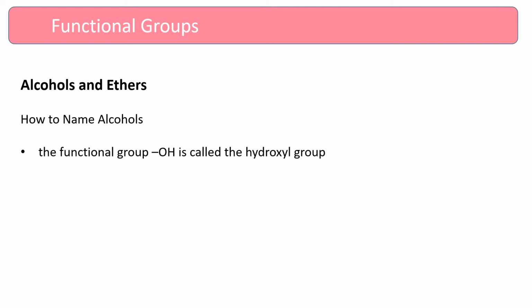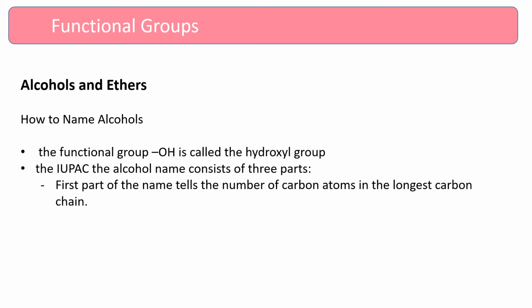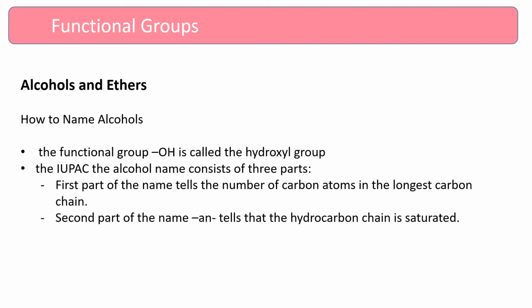How to name alcohols? The functional group OH is called the hydroxyl group. The IUPAC name for alcohols consists of 3 parts. First part of the name tells the number of carbons in the longest carbon chain.